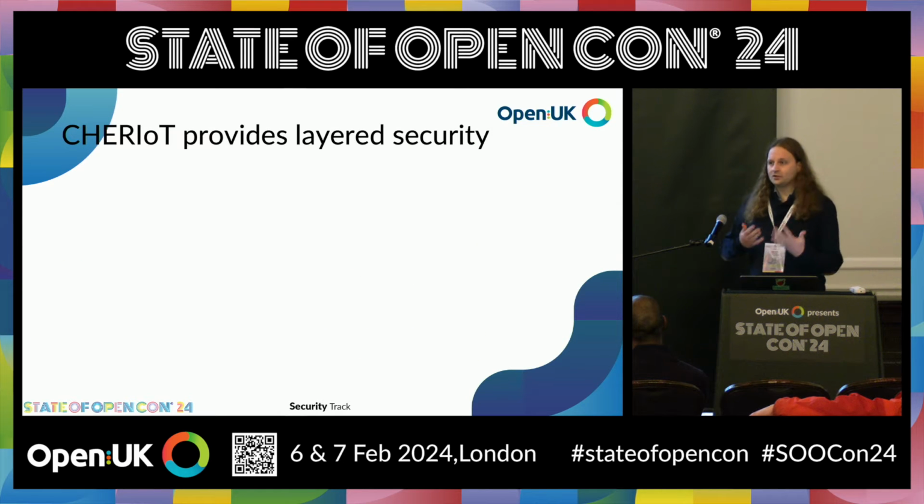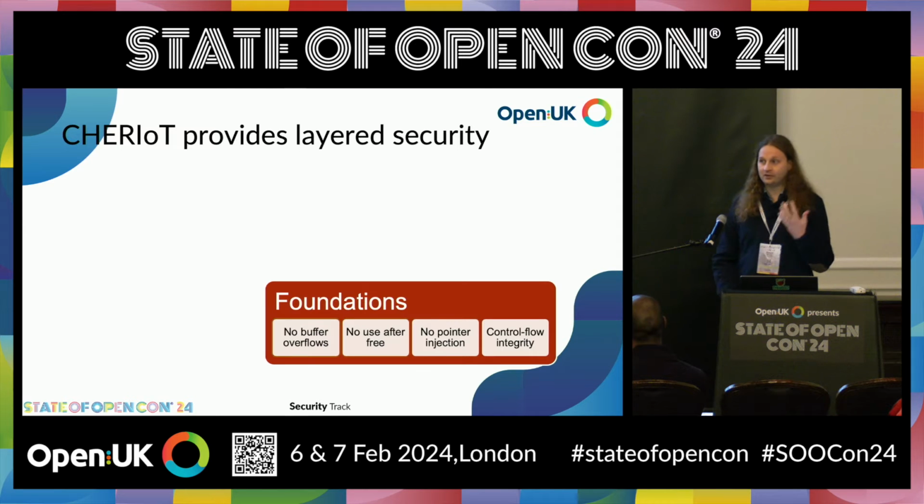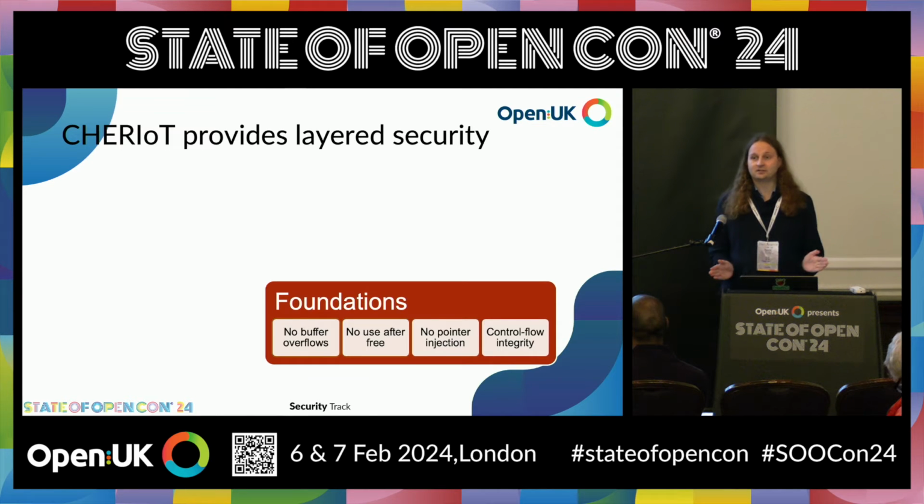So what do we give you, and how does it actually work? Well, at the very foundation, we get a lot of guarantees, many of them shared with any CHERI platform, and a few are things that we've somewhat refined. You can't inject pointers. There's no way of saying, oh, I know the memory address of this thing, so I'm going to forge a pointer, and now I can access this bit of memory. That just can't happen.